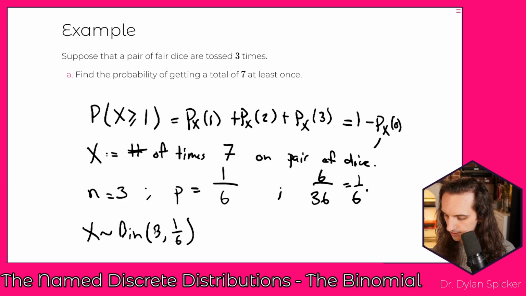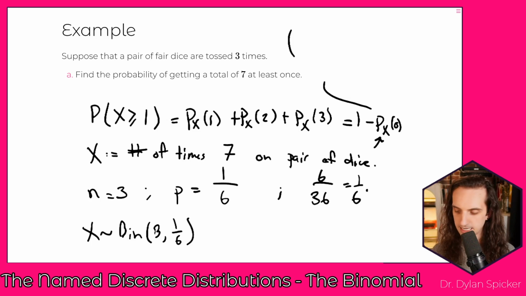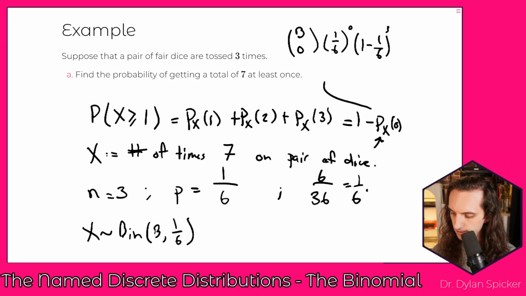We can get this using our probability mass function. So we're going to take n choose 0, so that's 3 choose 0, times p, which is 1 over 6, to the value of x, which is 0, times 1 minus 1 over 6 to the 3 minus 0. Right, so we plug this in, 1 minus that gives us the probability that we're looking for here.